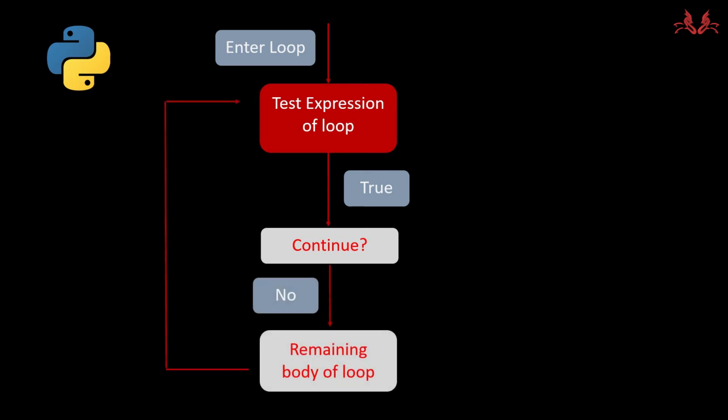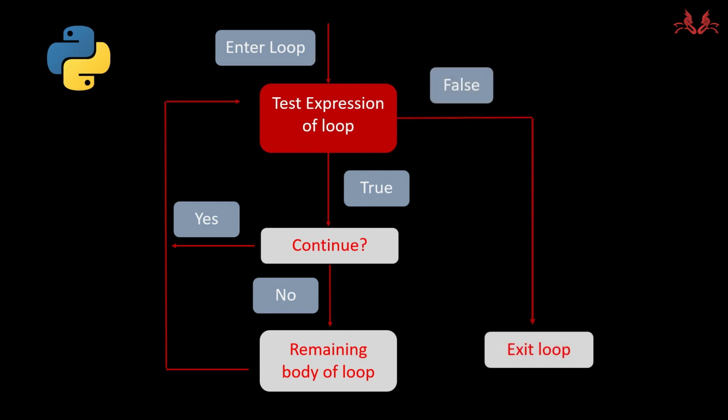If it is not, it will go to the remaining body of the loop, go to the test expression of the loop, and go to the continue again. If it is yes, it will skip the remaining body of the loop, go to the test expression of the loop, and go to the continue again. Alright, that is the flow control of continue in a while loop.